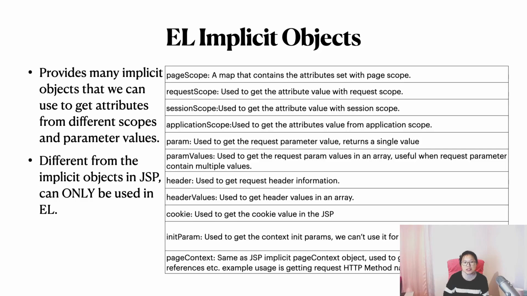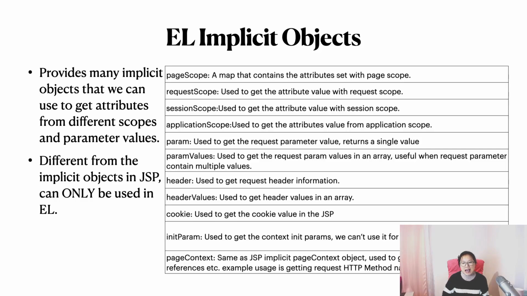You can also use initParam to get context init parameters, but you cannot get the servlet init parameters. The reason why is because JSP itself is a servlet, and we don't have a way to set init parameters in JSP, right? So it cannot. But you can use initParam to get the context initialization parameters.